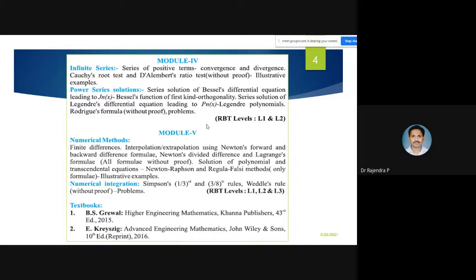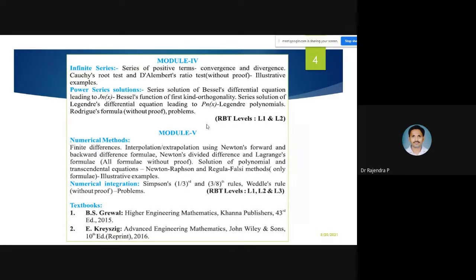We should know whether the given series is converging or diverging with the help of certain tests like D'Alembert's ratio test or Cauchy's test. We are going to discuss all those, and we'll introduce some more important special functions to solve our differential equations, like Bessel and Legendre functions in this module 4.